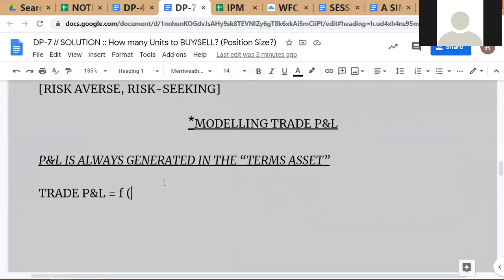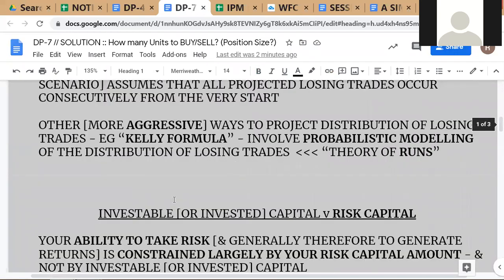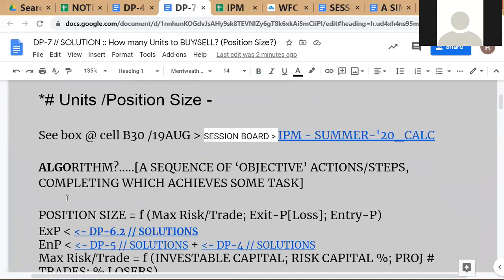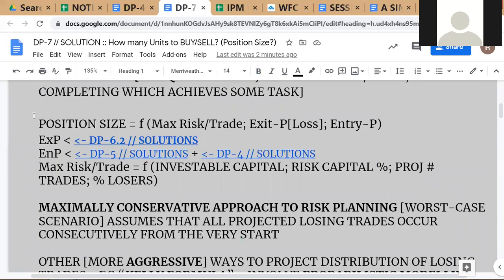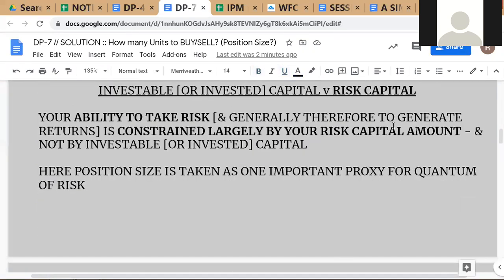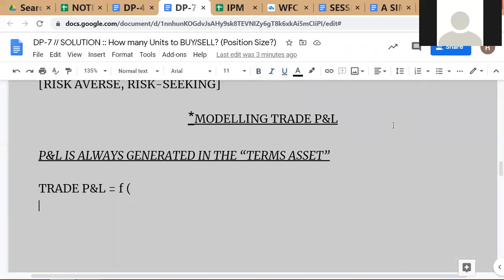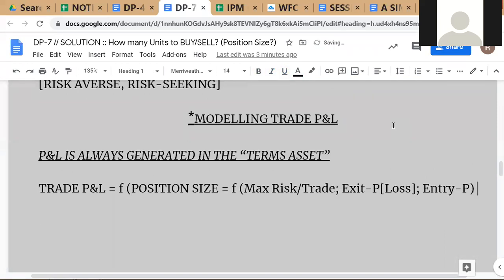Okay, good. So this is a function of, let's see if we can copy something from here and avoid having to write. Yeah, let's try and copy this. So I'm writing the trade P&L, or trade loss.